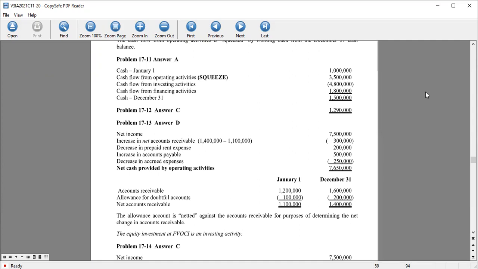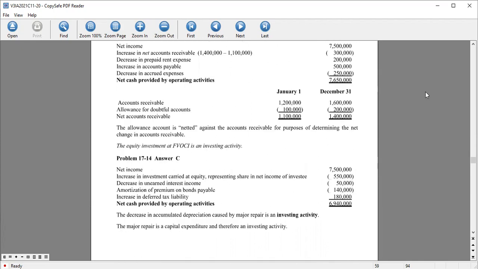So we have a decrease in prepaid rent expense, so to be added. Then we have increase in accounts payable by 500,000. We add, and decrease in accrued expenses by 250,000. We deduct. So we have now the net cash provided by operating activities.